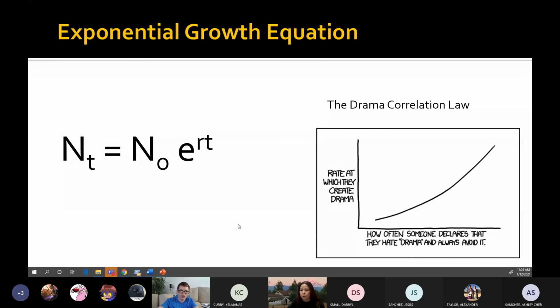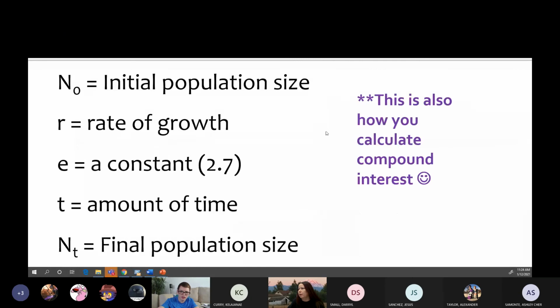All right, so we're going to go through what each of these means really quick before you go. N sub 0, or N naught, you'll hear it either way, is the initial population size. R is the rate of growth, which you generally get given. E is a constant, about 2.7.